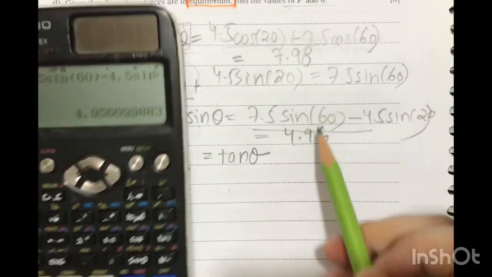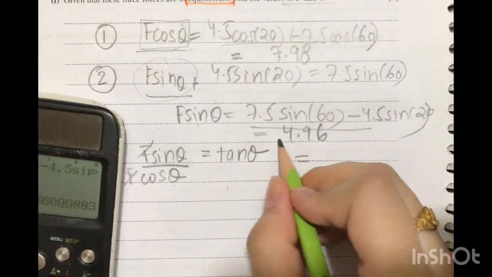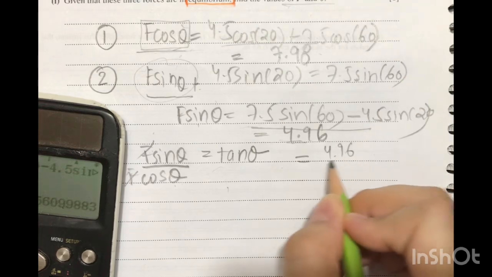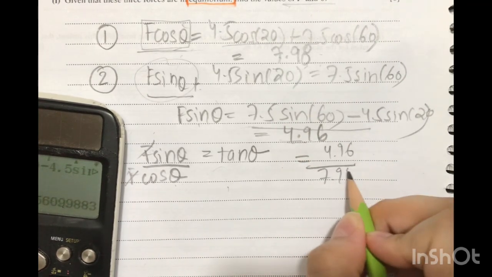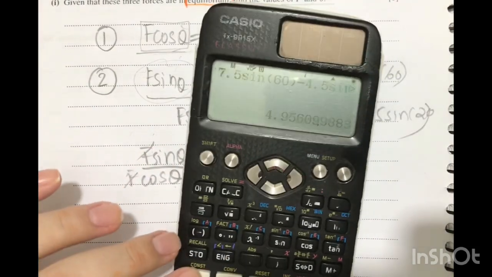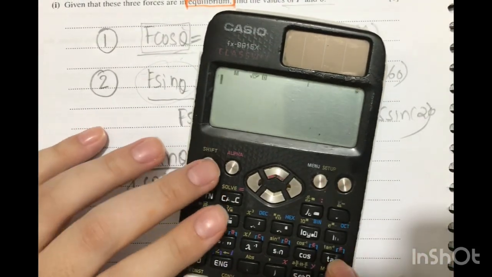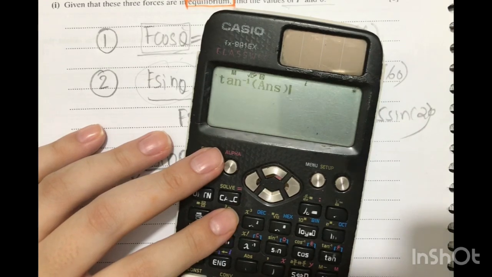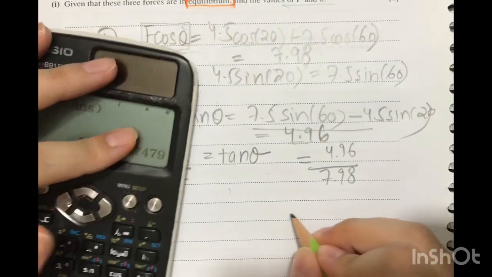So tan theta will equal 4.96 over 7.98. And then we can apply inverse tan. So theta is 31.8 degrees.